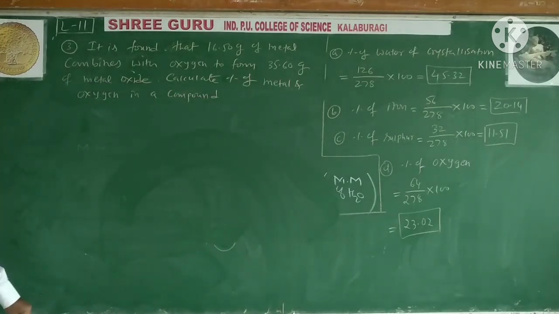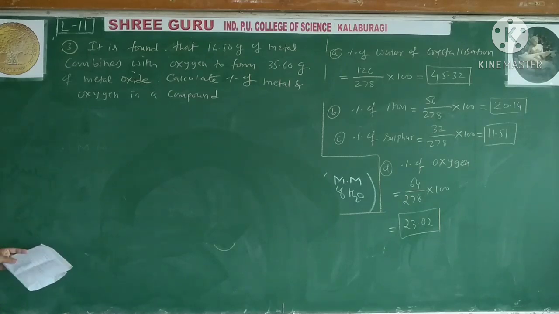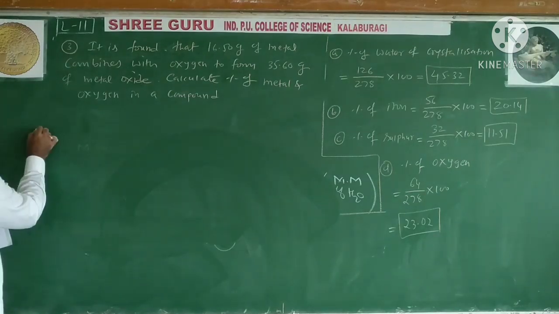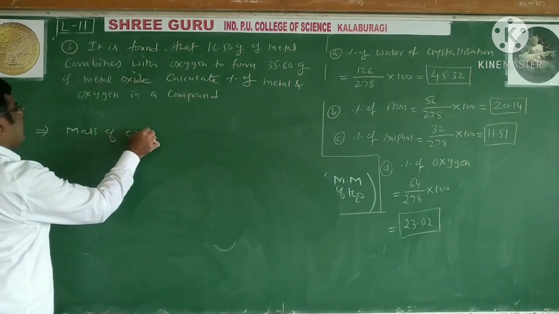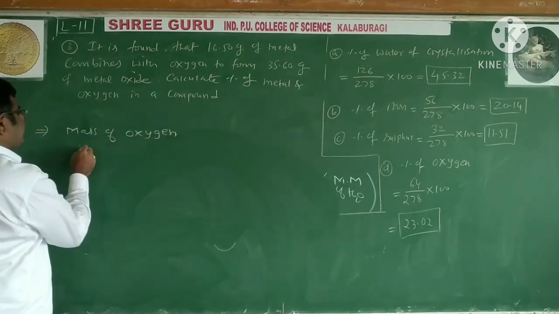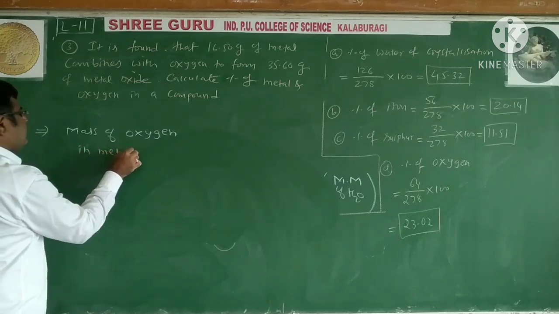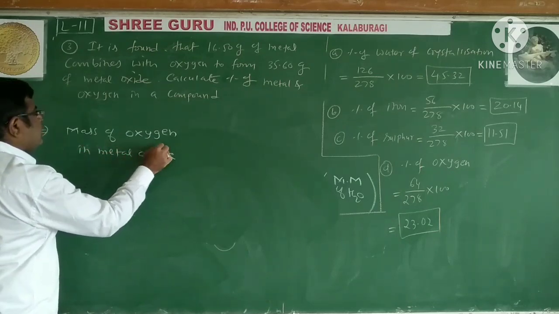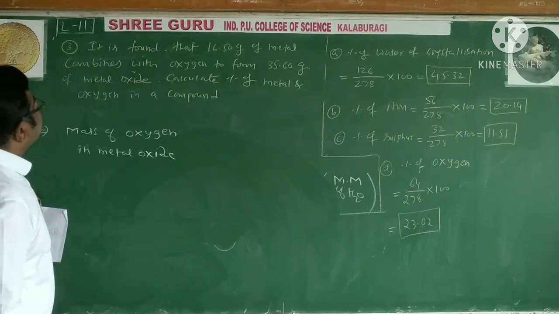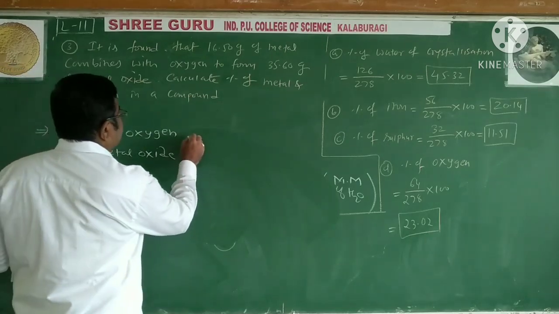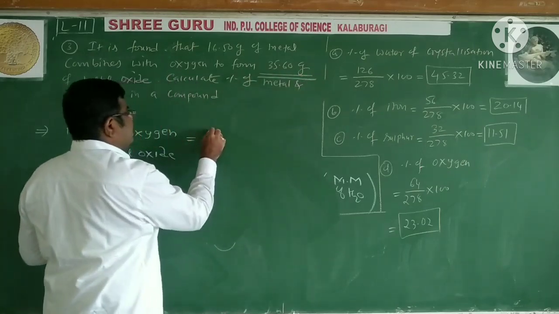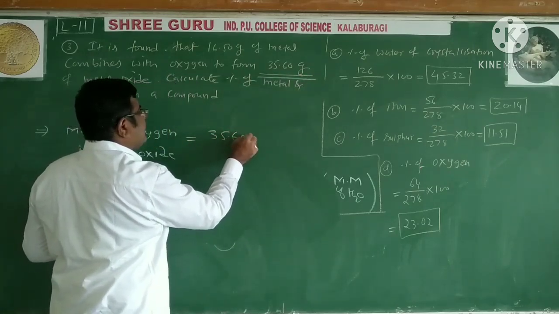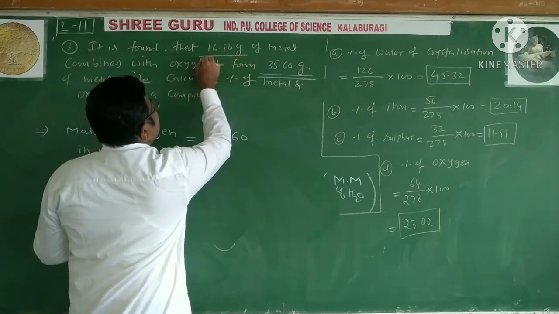So we can say they asked us to calculate the percentage of metal. First we calculate mass of oxygen in metal oxide. This is the metal oxide mass and this is the metal mass.